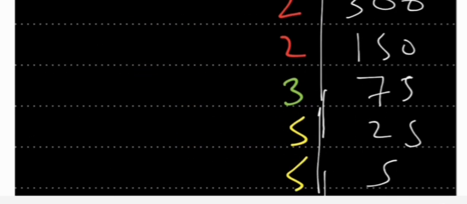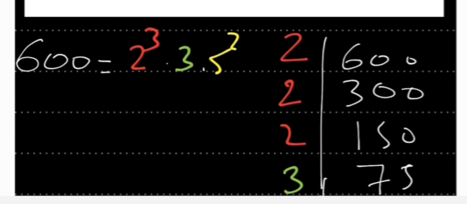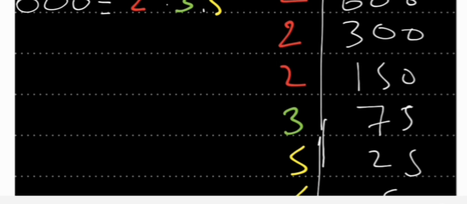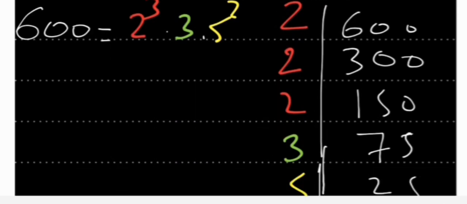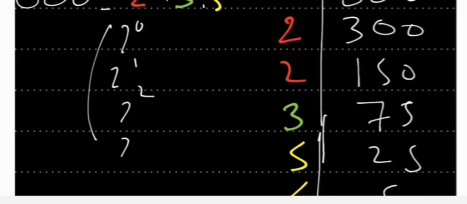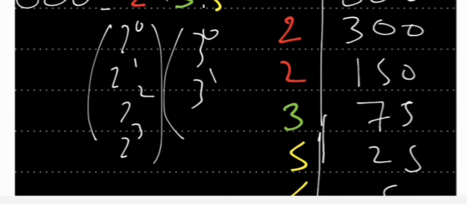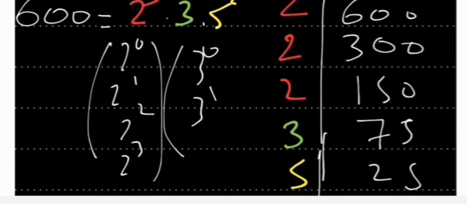So this is how we represent it. Now, how was our rule? We can say that it can be 2 to the 0, 2 to the 1, 2 to the 2, 2 to the 3, and this can be 3 to the 0, 3 to the 1. It's just 3 to the 1 because it's not 3 squared.